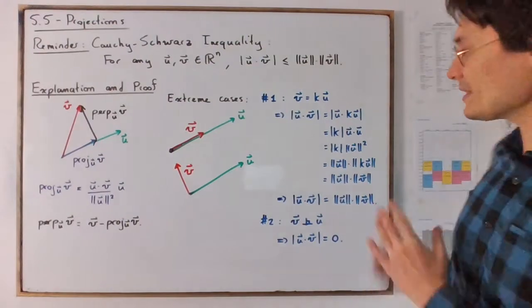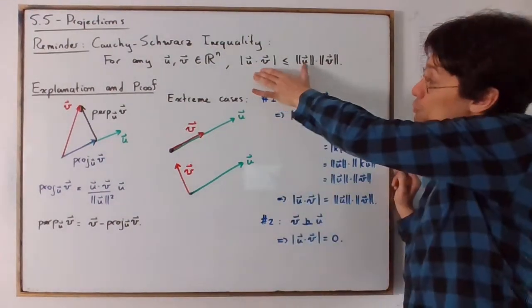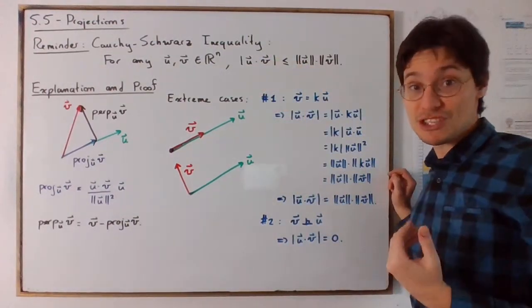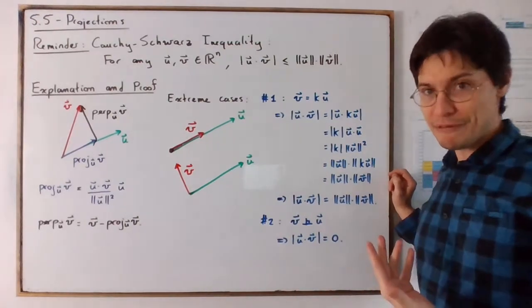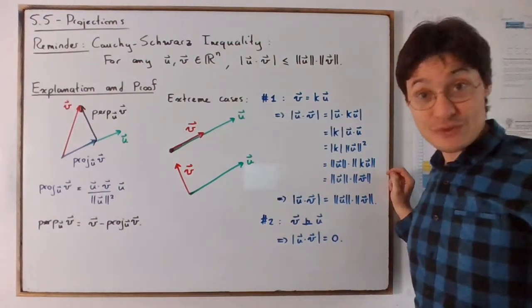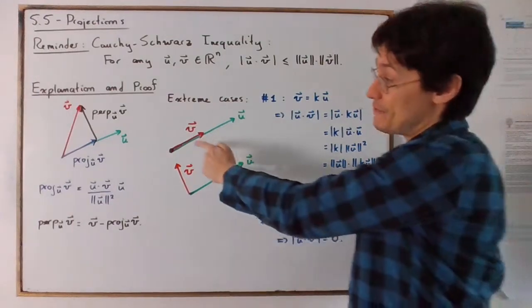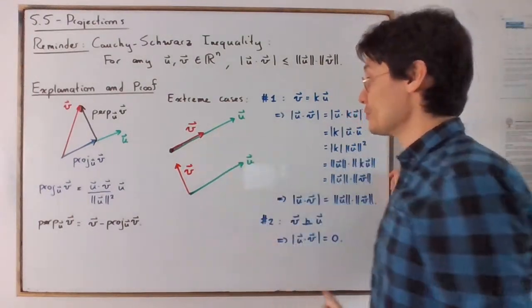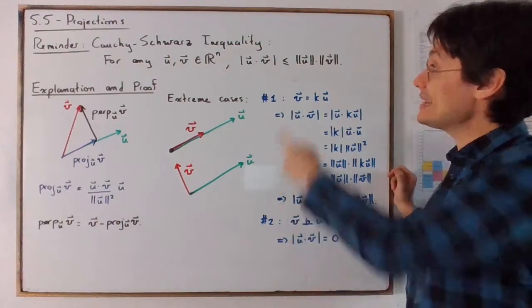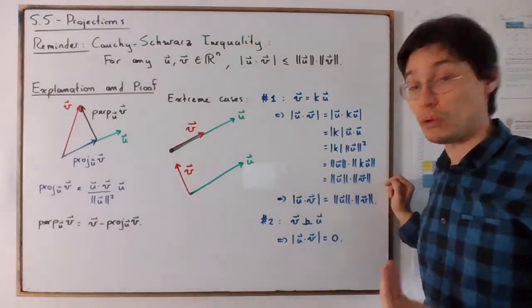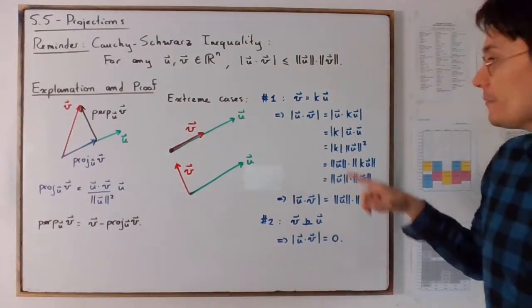One more thing I want to mention before the full proof, because this is pretty much how you can think about the proof, is looking at the extreme cases. At best, the vector v will be lined up with u, and if that happens, the equality will actually hold. I've done the calculation over here.